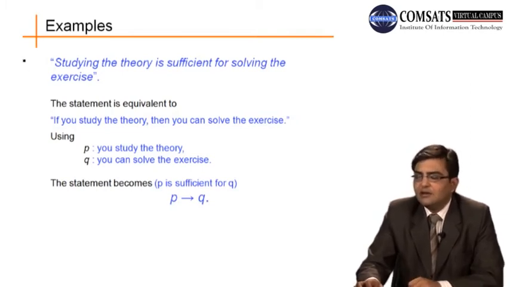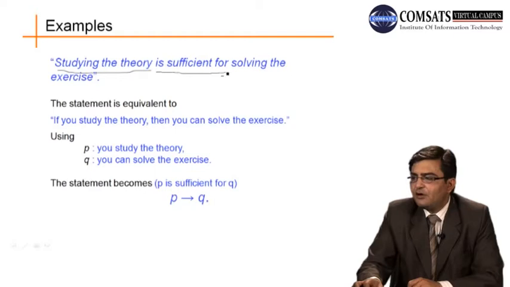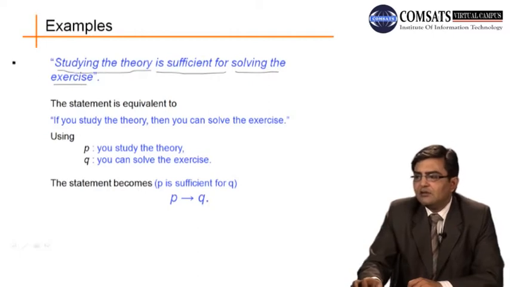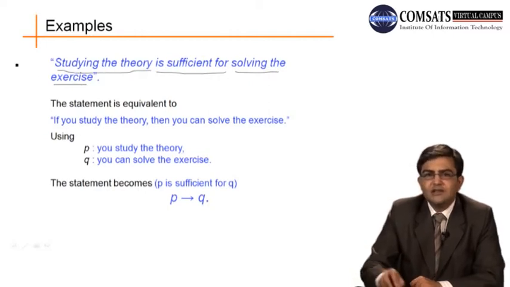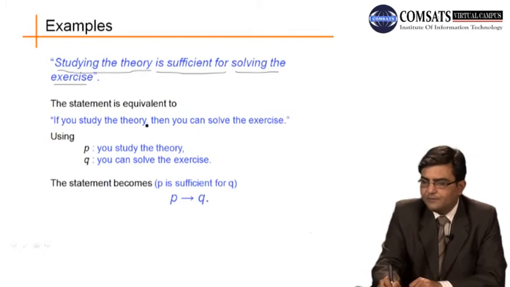So this is somewhat the same example, but it is written in a different manner. So there is a condition also in this statement. Studying the theory is the hypothesis, is the condition in this statement, is sufficient for solving the exercise. So what is the form of the conditional statement which is used here?